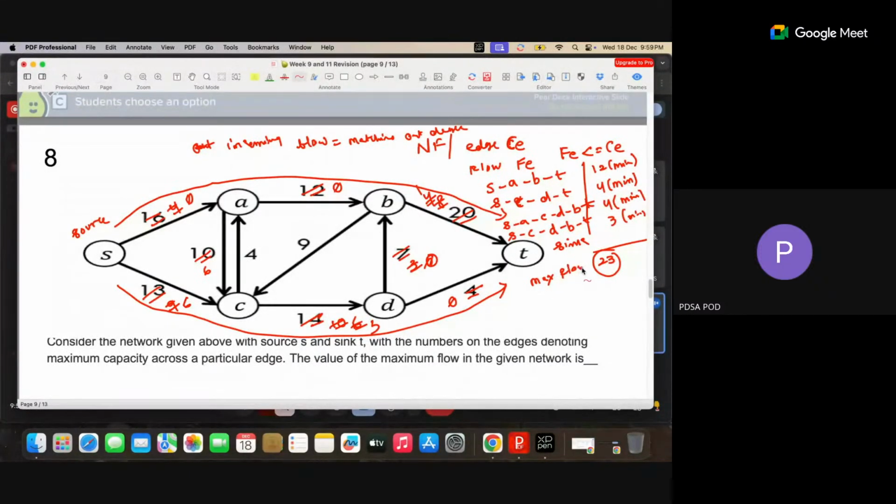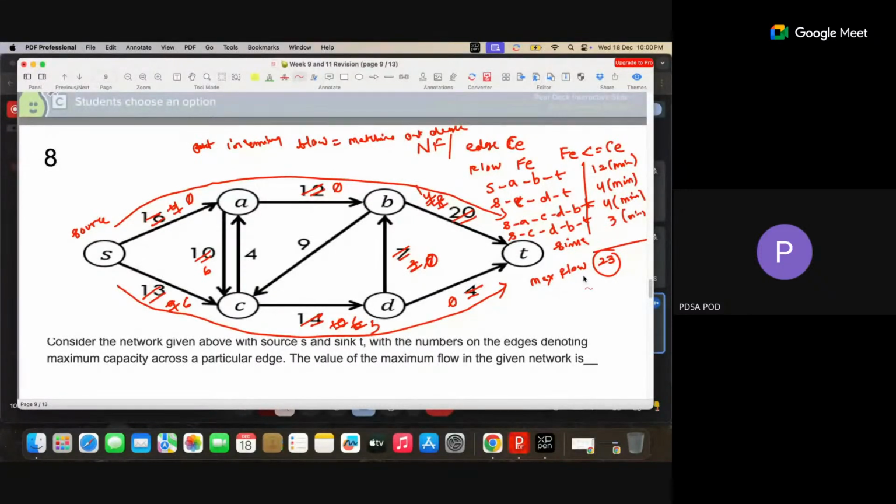Maximum flow allowed in this network is 23. But you can understand here, once we identify the maximum flow, using it we can identify the minimum cut.